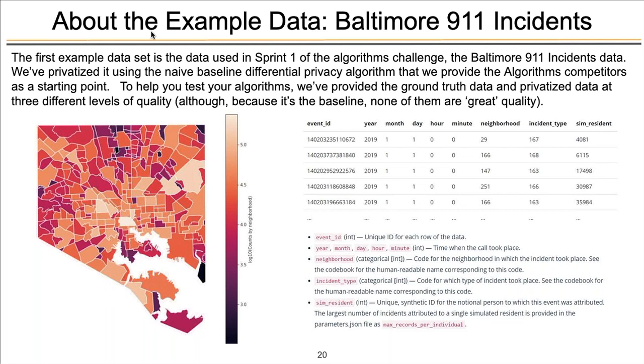To find all of the records associated with that one person, you take a look at their number over there, 61105, and look up all the records that have that number. Those are all the events associated with that person. So this is one data set to play with. Come up with a metric, run your metric on the ground truth and various privatized versions and see how it comes out. And you learn a little bit more about how your metric works. Next slide.